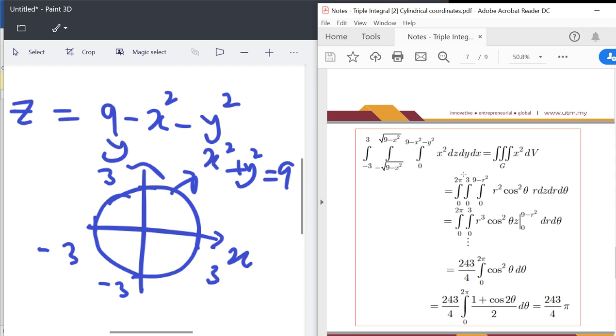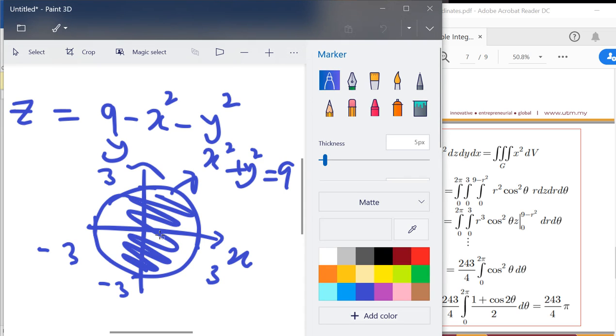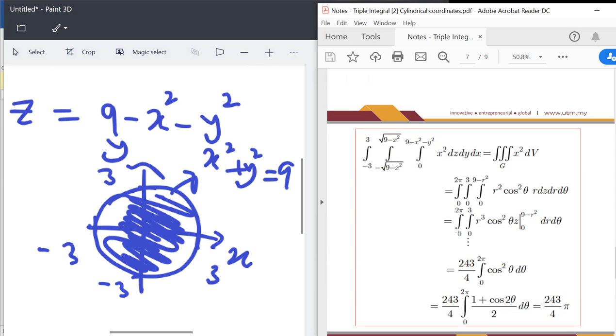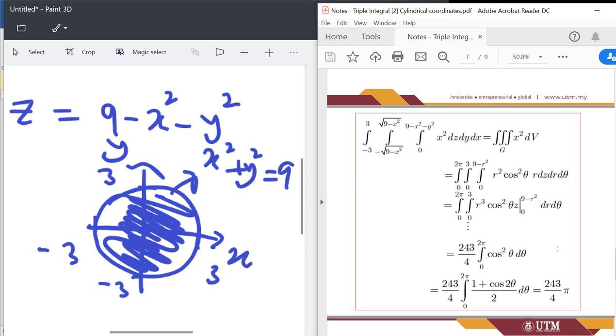For theta, we consider the whole circle, so theta goes from 0 up to 2 pi. After that we can integrate as usual and get the answer.